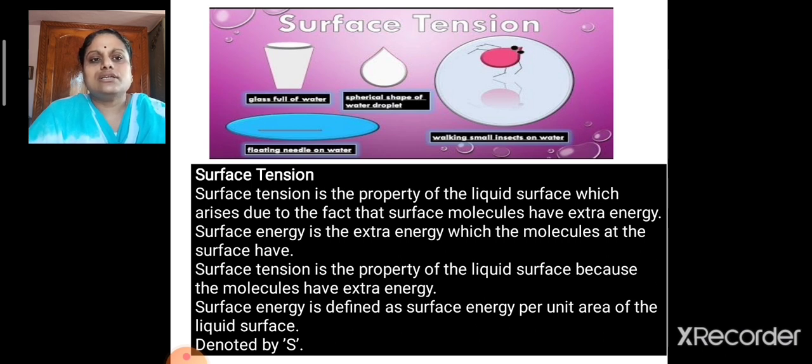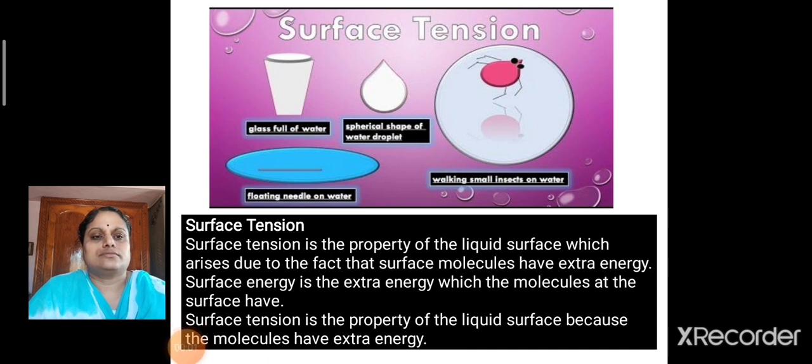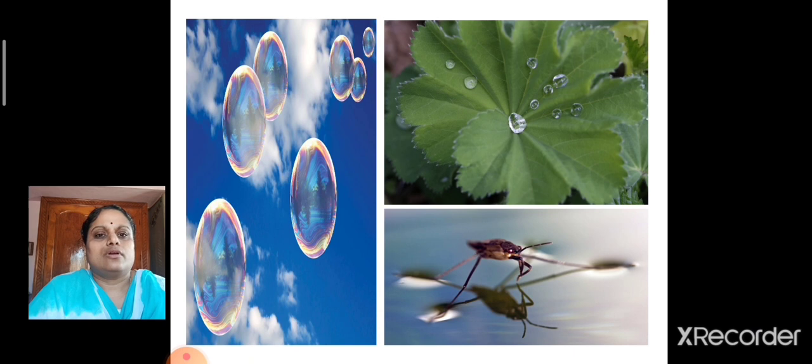Surface energy is the extra energy which the molecules at the surface have, and surface tension is a property of the liquid surface because the molecules have extra energy. The spherical shapes of drops and bubbles, and also liquids resting on the surface of water, are effects of surface tension.